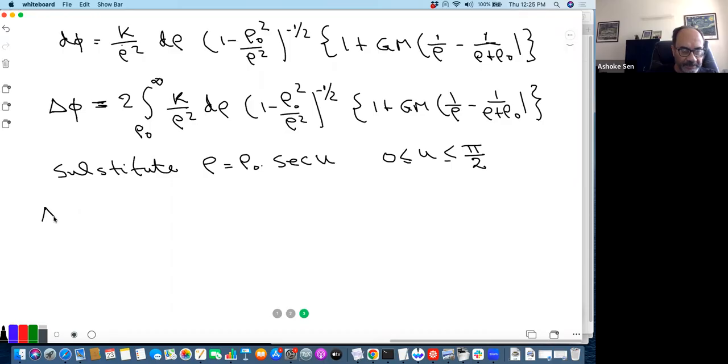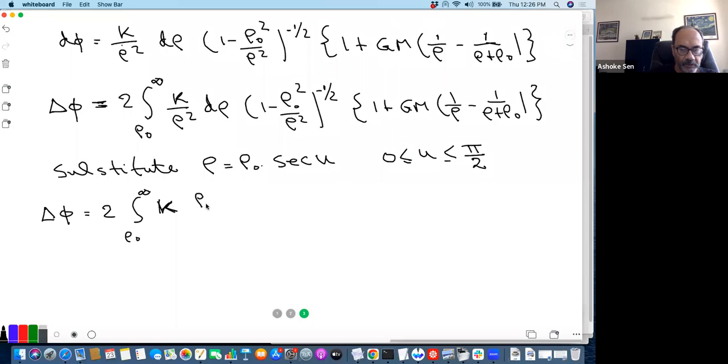So with this, I can get delta phi as 2 integral rho 0 to infinity k. Okay, k I have not substituted yet, but I can do it afterwards. So d rho, the differential of sec is sec times tan.